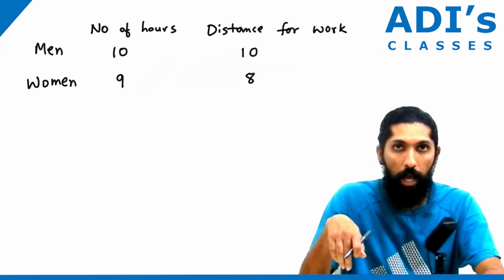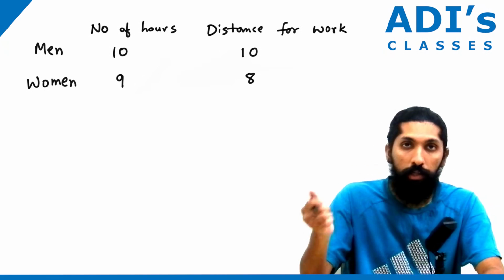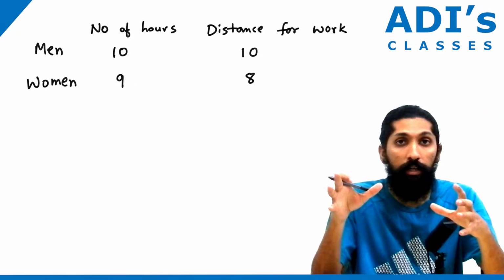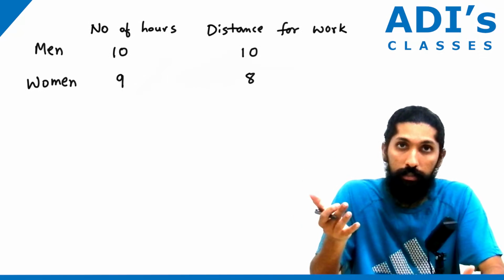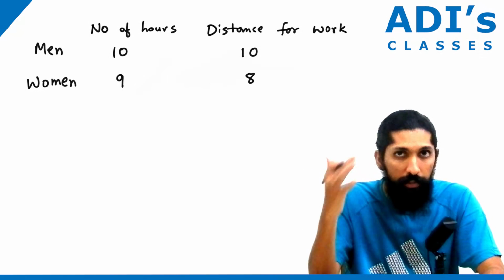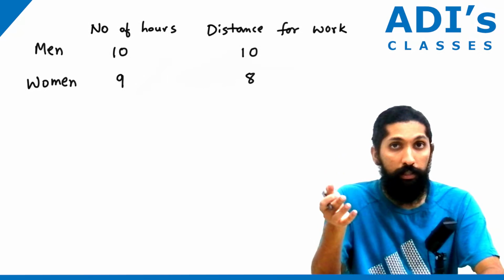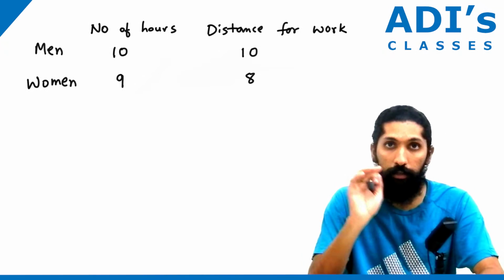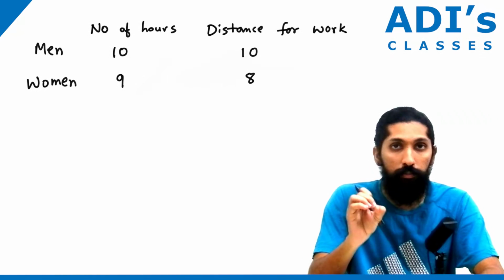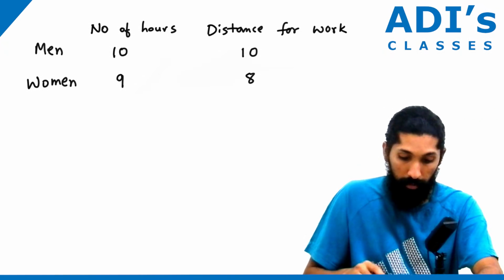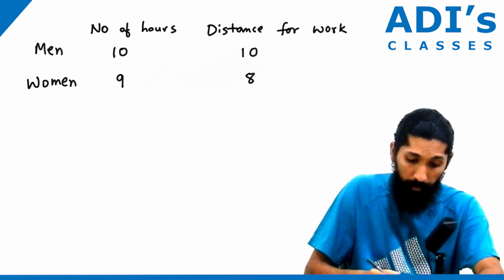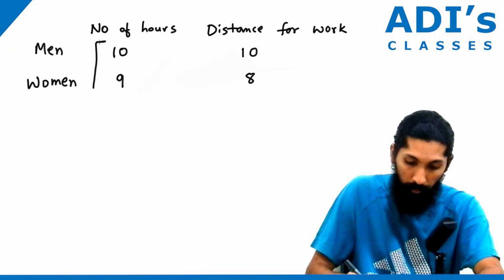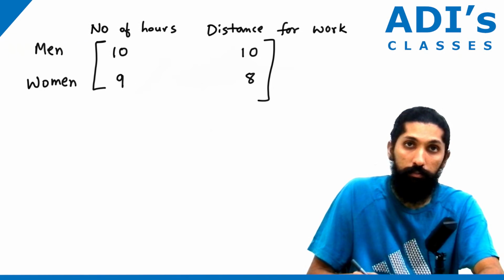Now what we are looking at is a way of arranging things. Whatever the data might be, you are talking about an arrangement of data. This is what we call a matrix, because we are arranging it in terms of rows and columns.